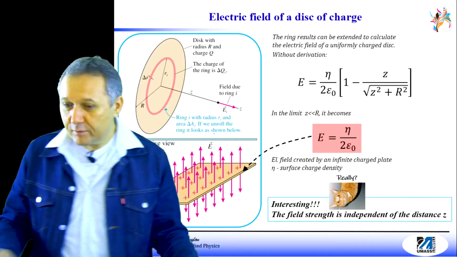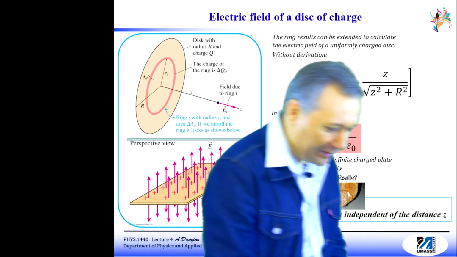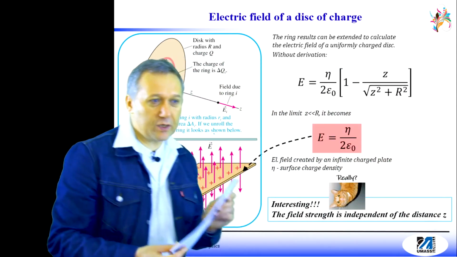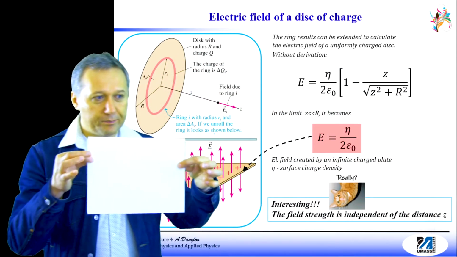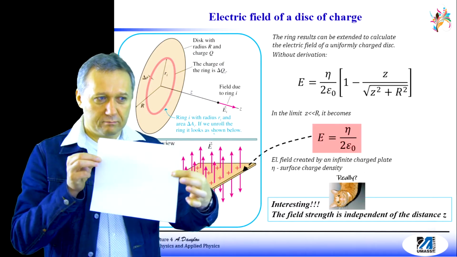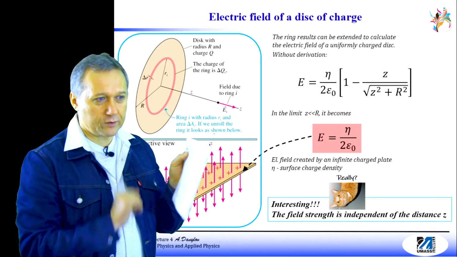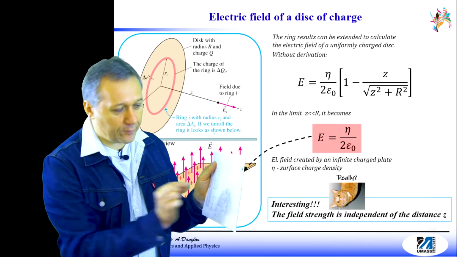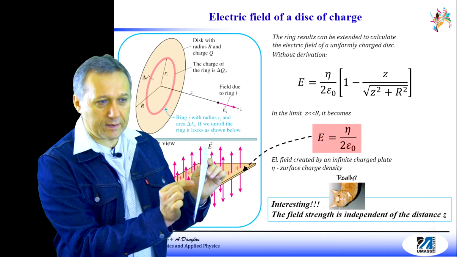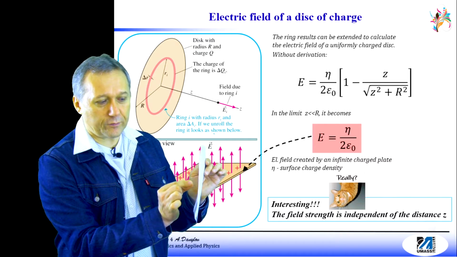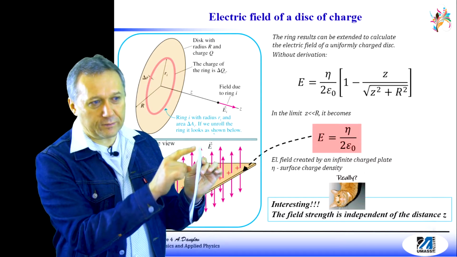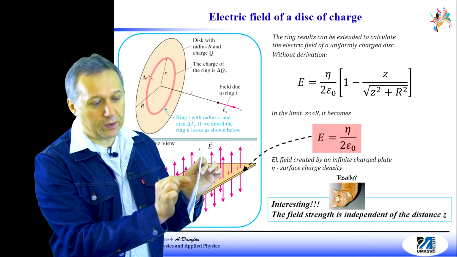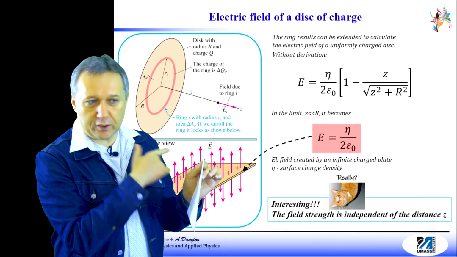And of course, in real life, we don't have infinitely large surfaces. But with very good approximation, if, for example, I have a uniformly charged surface like this, and I'm interested in the electric field at a distance like this from the surface, and if I stay away from the edges of this piece of paper, this charged paper, I can use this formula.